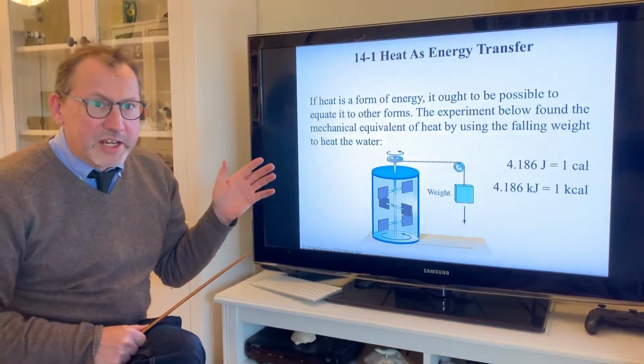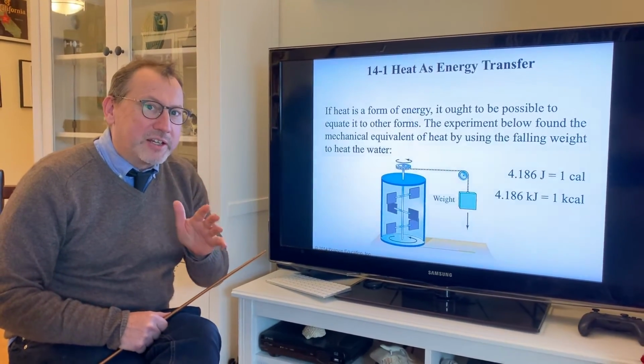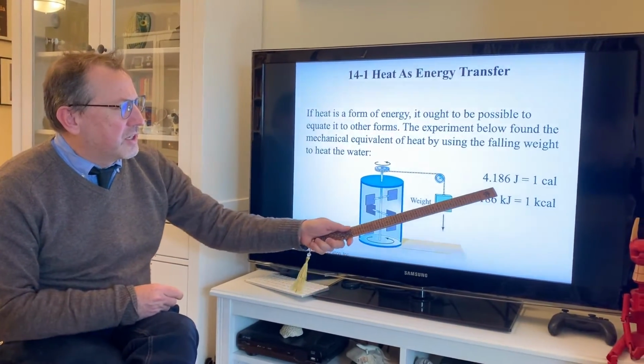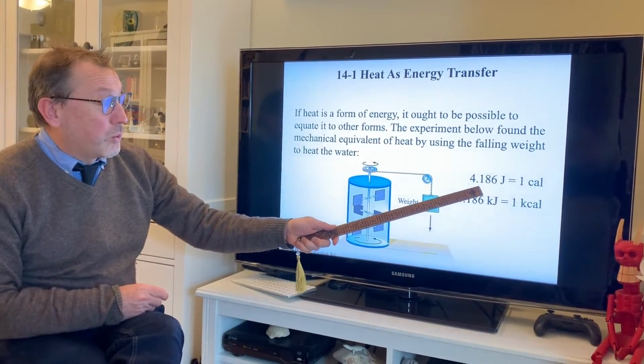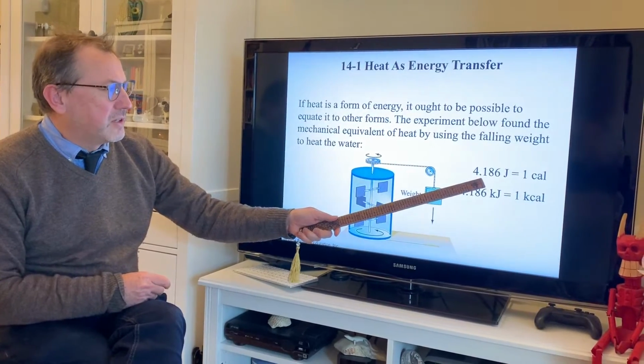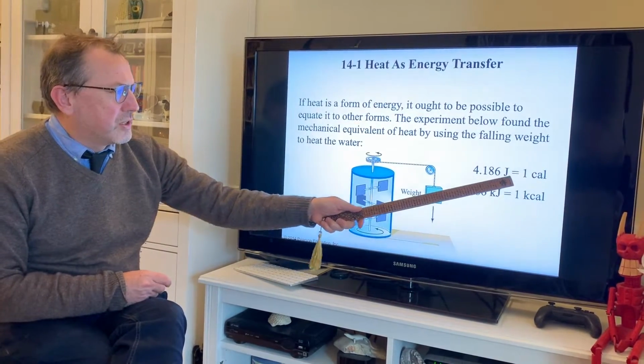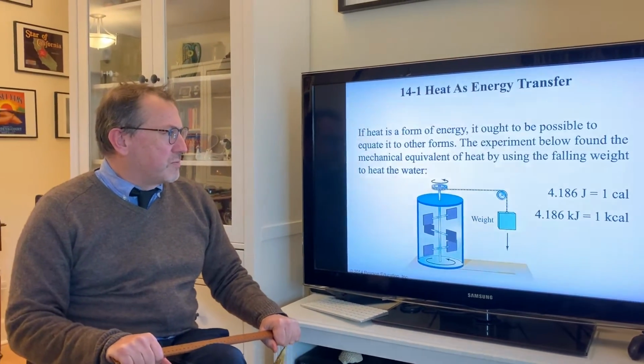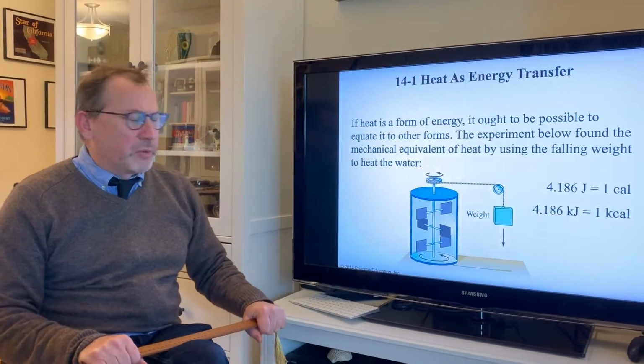there's a connection between mechanical energy and heat energy. And so this is known as the mechanical equivalent of heat, right? 4.186 joules is equal to 1 calorie. Okay, so that's what James Joule found out and what he was famous for.